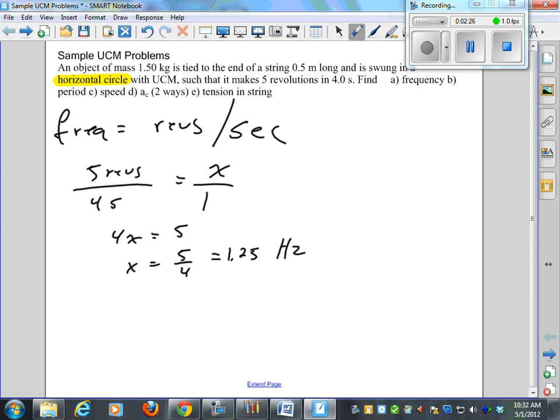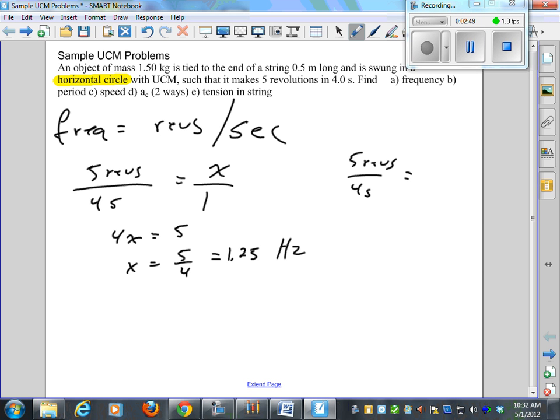Now, what is the period? How are period and frequency related? Period is the time it takes for 1 revolution. So it's in fact the opposite of frequency. You could do it this way: 5 revolutions in 4 seconds.